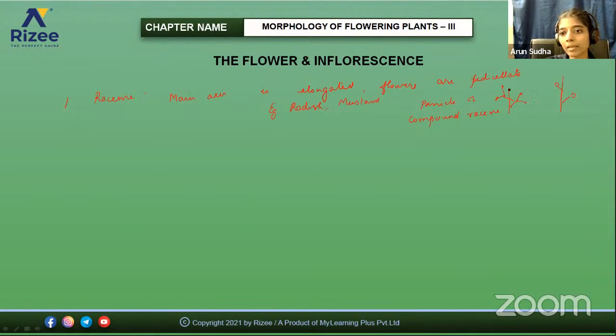If you see all this arrangement, the main axis will continue to grow because it is a type of racemose inflorescence, and only these lateral branches will have the flowers. So this is the compound raceme, and this is the simple raceme. Here the main axis is elongated and flowers are pedicellate, that is, they have a stalk through which they are attached to the main axis.